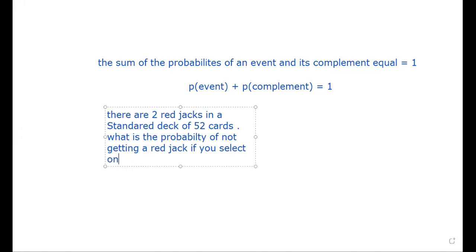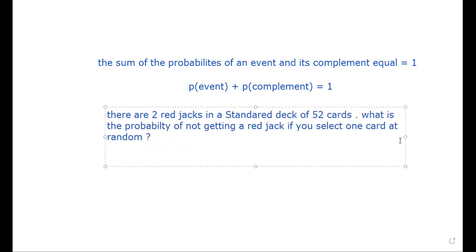If you select one card at random, what is the total number which we are going to work with in this question? 52. Right. In this question, what is the probability to pick a red card? There are 2 red jacks in a standard deck of 52 cards.